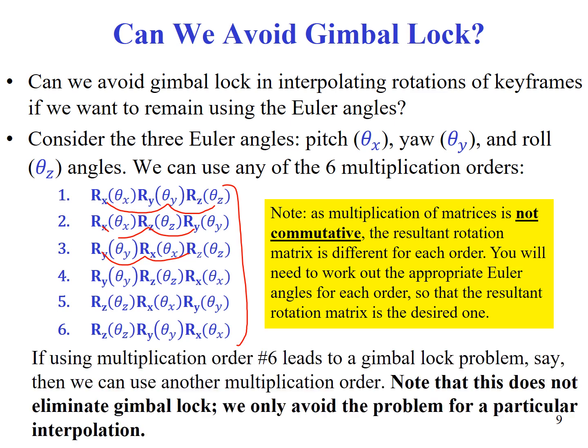If one of them leads to a Gimbal lock, we can use another rotation. However, this does not eliminate the Gimbal lock problem. This only avoids the problem for a particular case. And another complication here is that since matrix multiplication is not commutative, the resultant rotation matrix is different for each order. So we will have to work out different theta x and theta y to achieve the same rotation. In the next mini lecture, we will see how we can solve the Gimbal lock problem.